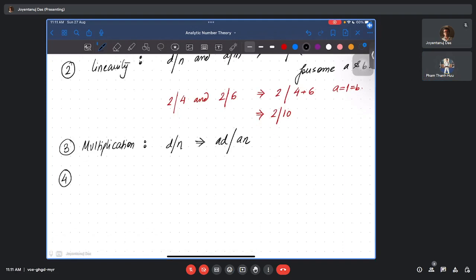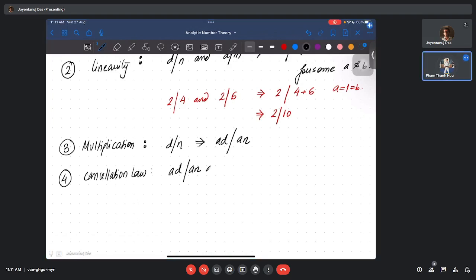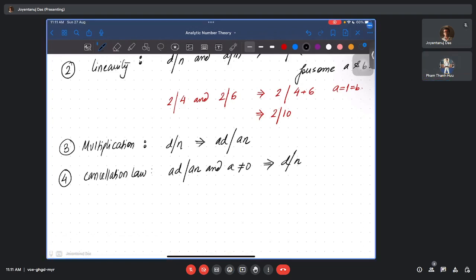The fourth property is the cancellation law. Suppose ad divides an, and a is not equal to 0. So this implies we can cancel the a and write d divides n, right?